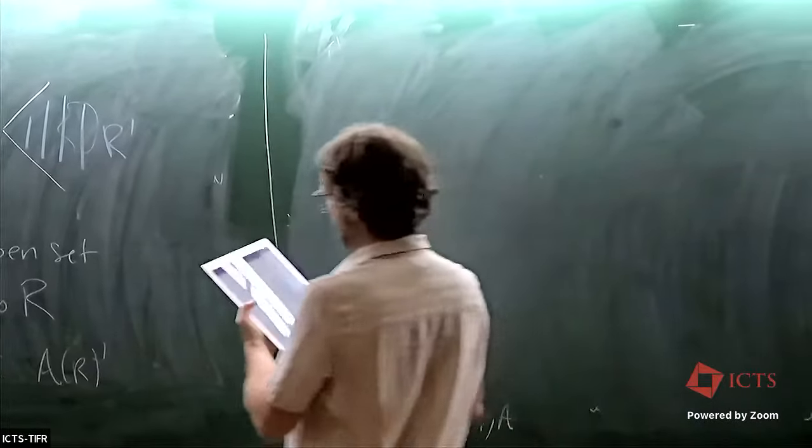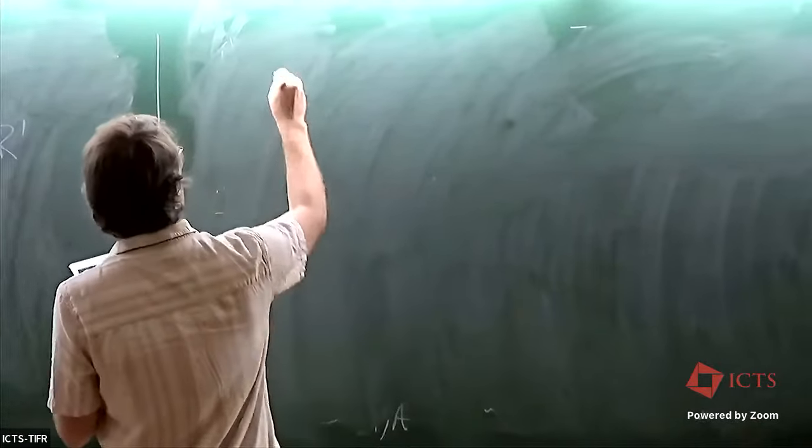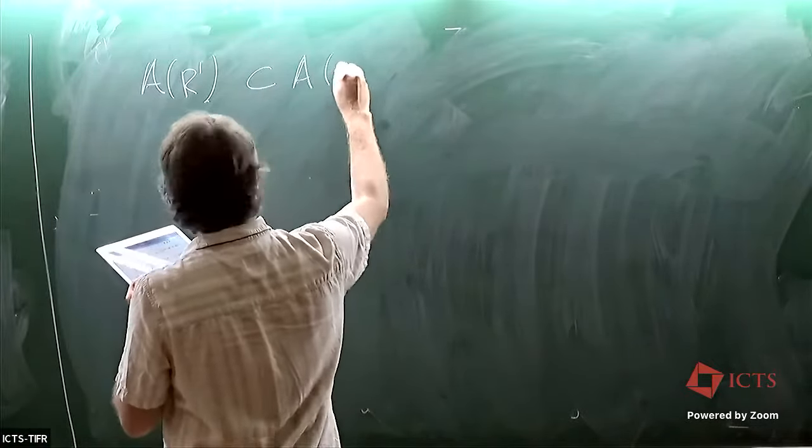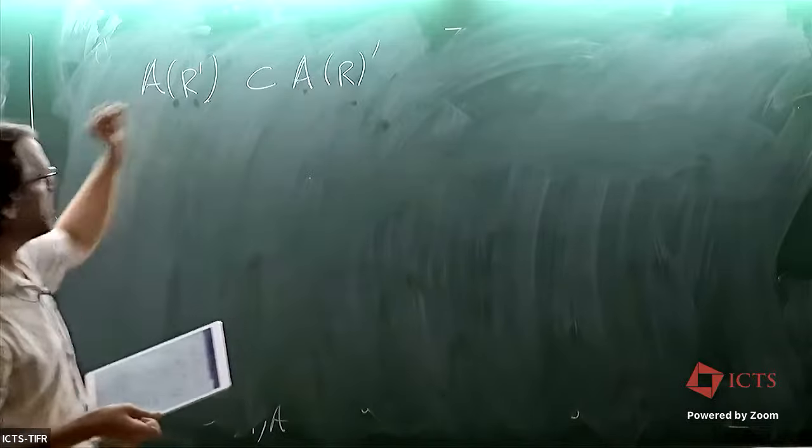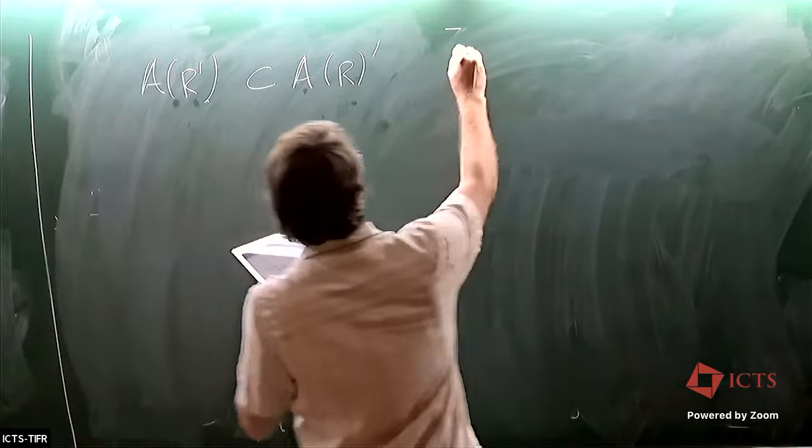We find that A of R prime, the algebra of operators associated to this region, should be inside of A of R commutant. Right, so this is the commutant. This is the space-like separated region. But there's some correspondence between these two that seems natural. This is called Einstein causality.